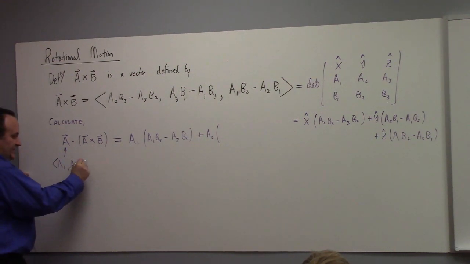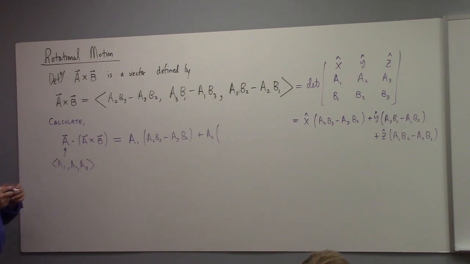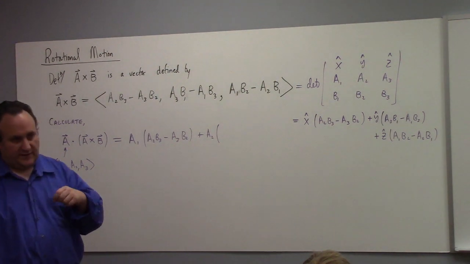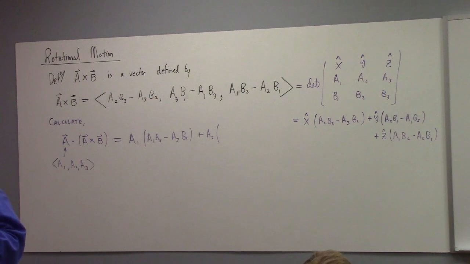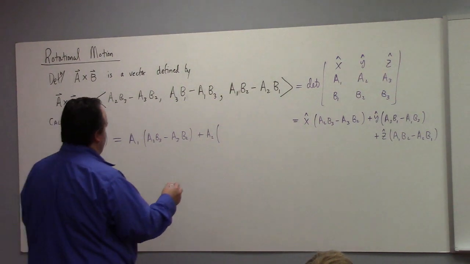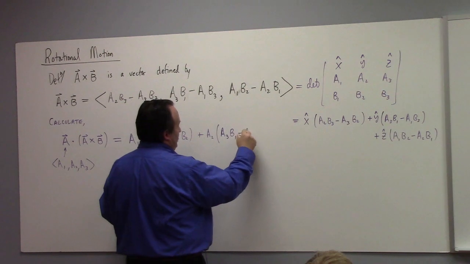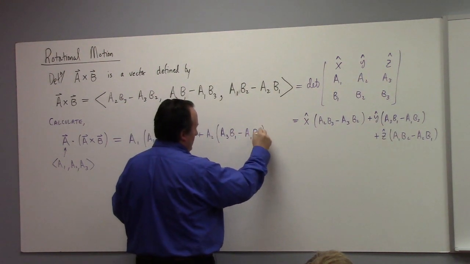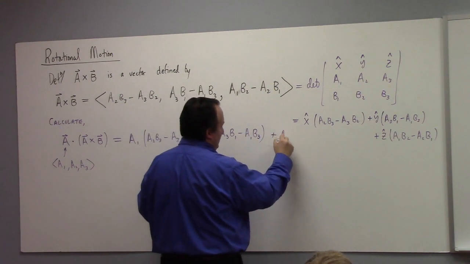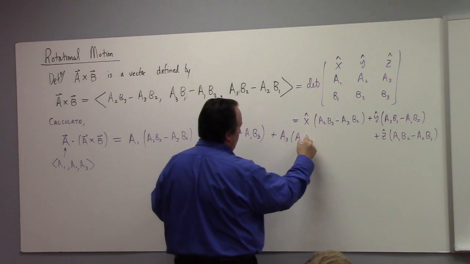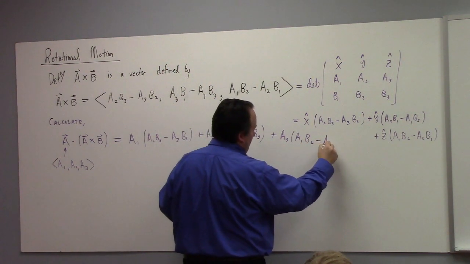So when we calculate the dot product of A with A cross B, we have to do the first component of the one times the first component of the other, and then we do the second component of the one vector times the second component of the other. This is how we take dot product. So I have A2 times A3 B1 minus A1 B3. And then finally plus A3 times A1 B2 minus A2 B1.